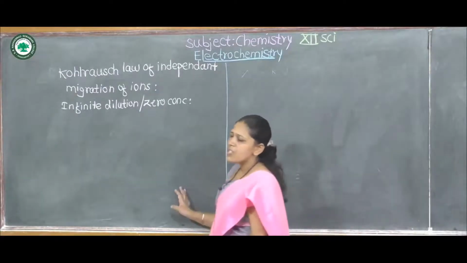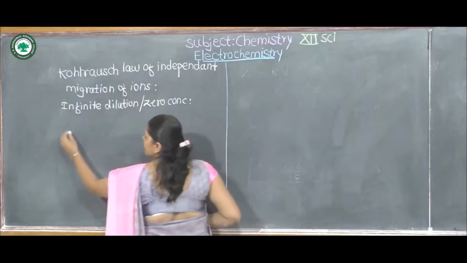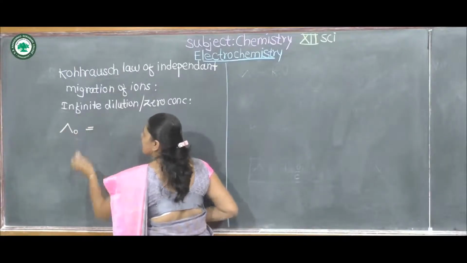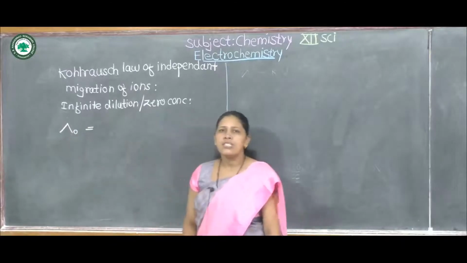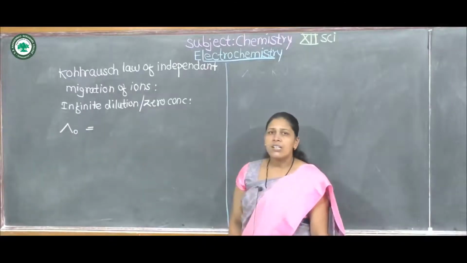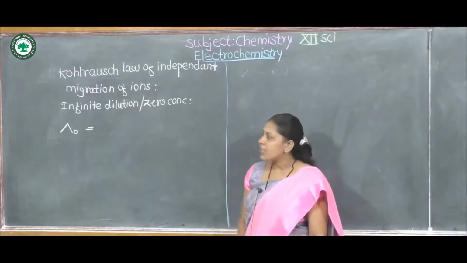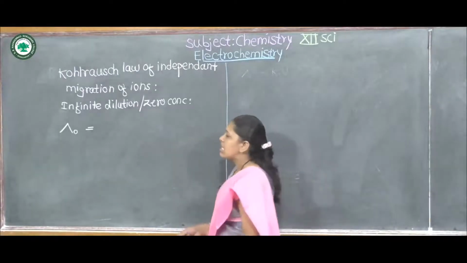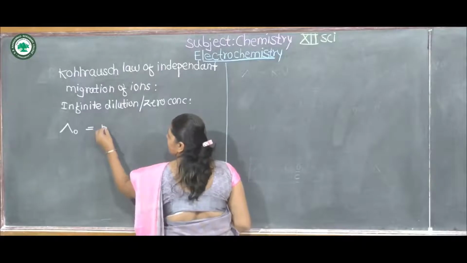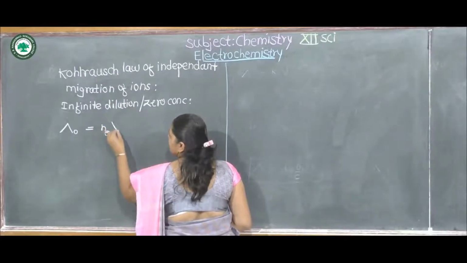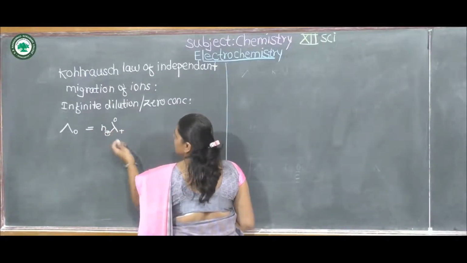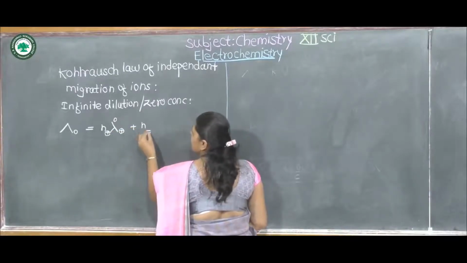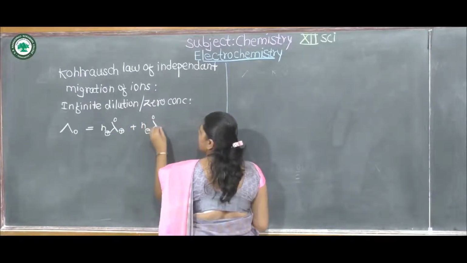Mathematically, Kohlrausch's law can be stated as lambda 0, the molar conductivity of an electrolyte at infinite dilution, is equal to n plus lambda 0 plus, plus n minus lambda 0 minus.